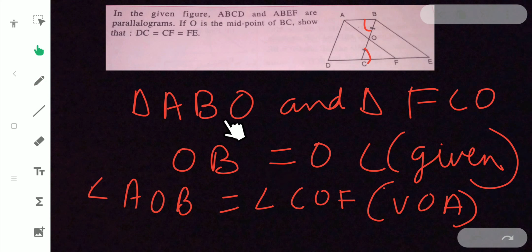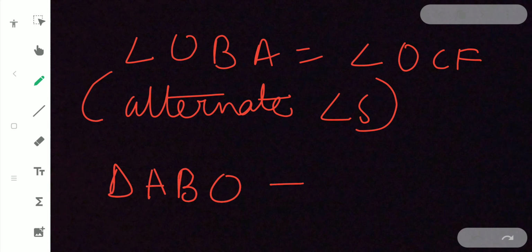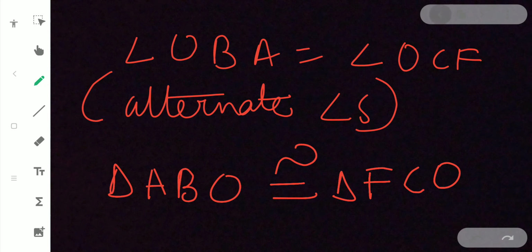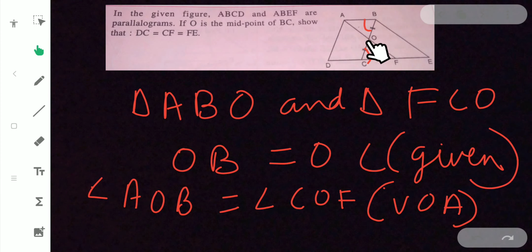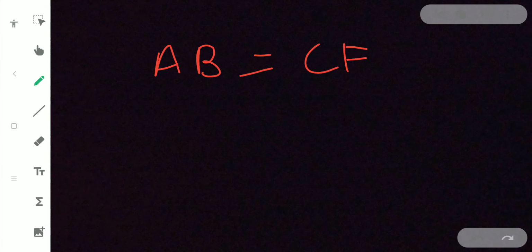We got triangle ABO is congruent to triangle FCO. And when we got that this triangle is congruent to this triangle, we will have AB is equal to CF. I can write it by CPCTC. AB is equal to CF.